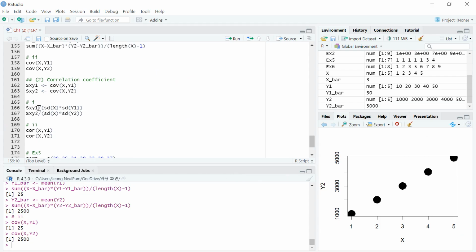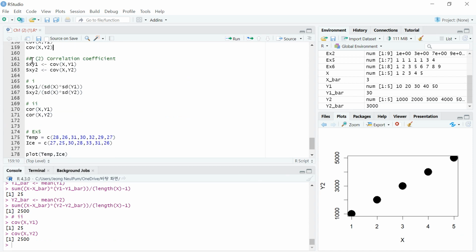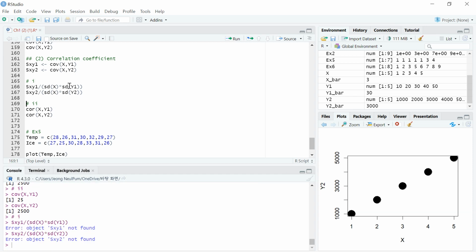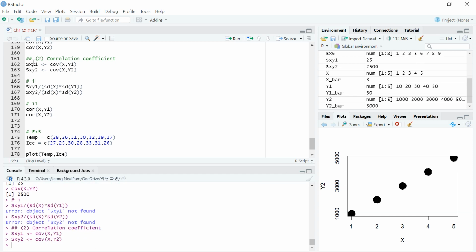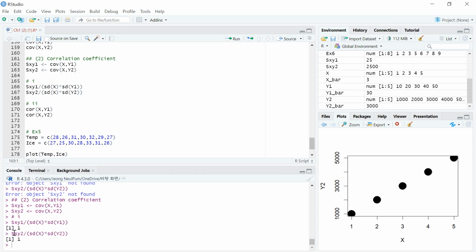So divide the covariance by the multiplication of the standard deviations of each data here. After getting the covariance of each value, you can see that the correlation coefficient is 1 actually.